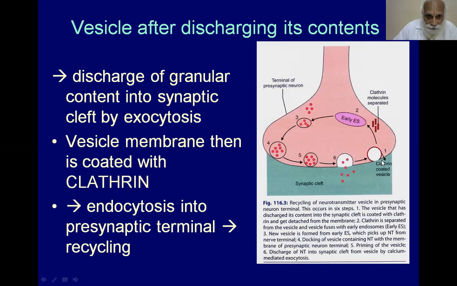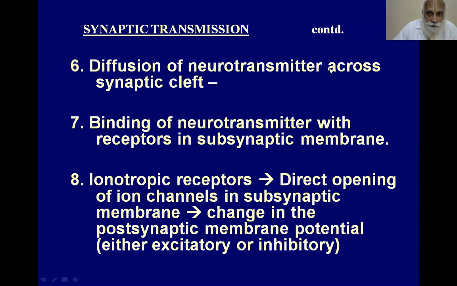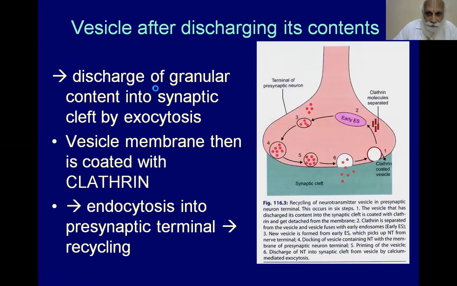Now, because of that clathrin, before diffusion of the neurotransmitter across the synaptic cleft, we see clathrin is released. When the clathrin is released, the membrane of the synaptic vesicle becomes an early endosome.